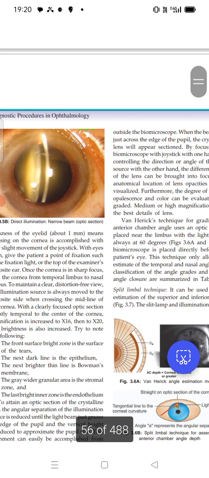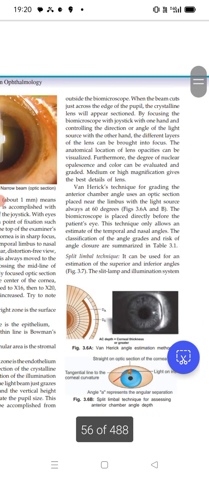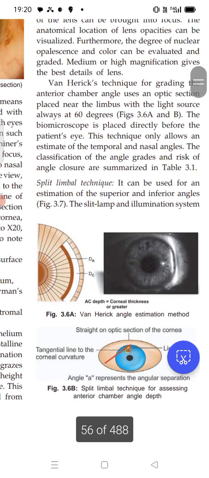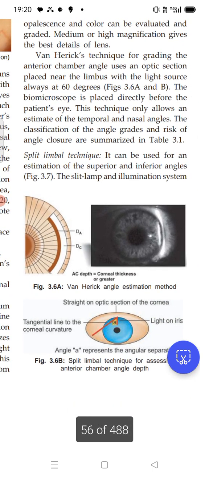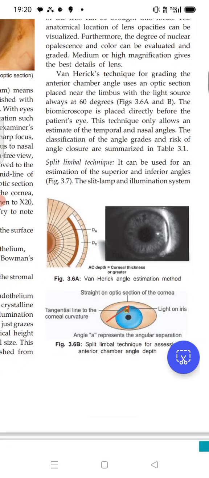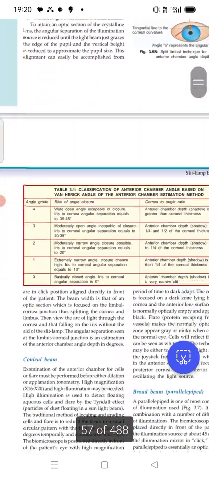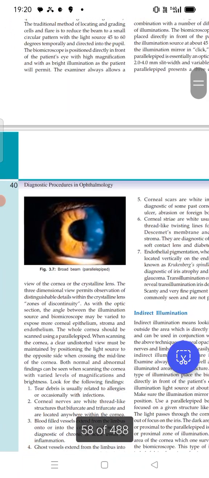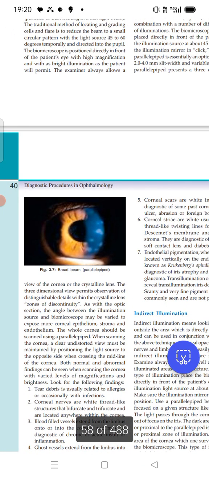We can also do the Van Herrick's technique to find out the anterior chamber grading. You can see in the AC depth how it is measured. We'll discuss it later if required. So these are the things we can do with the help of the optic section or the narrow beam.